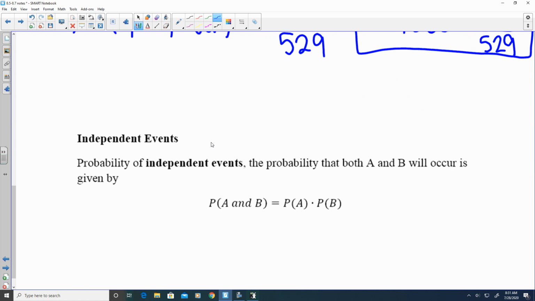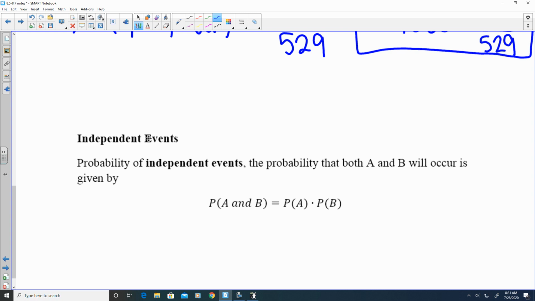Probability of independent events. If we're trying to find the probability that A and B will occur, and we know that the events are independent, that means that if I do event A, that's not affecting whether event B occurs. So then to find the probability that they both occur, you just multiply them together.